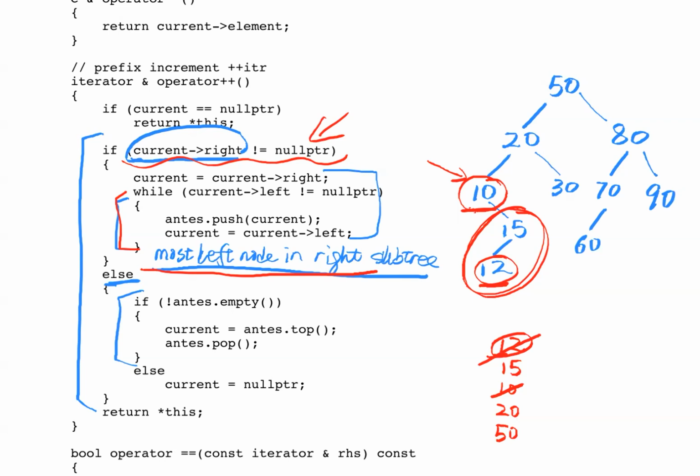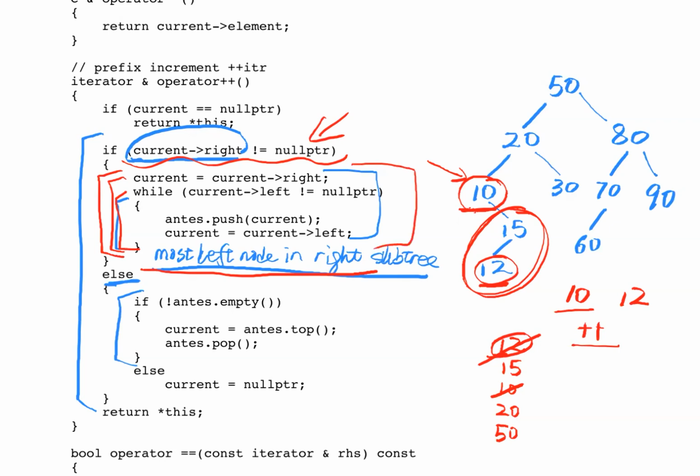So if 10 is the current node and we call the plus iterator, the next node is the most left node in its right subtree, which is 12. So we use the while loop in the if body to get the next node.